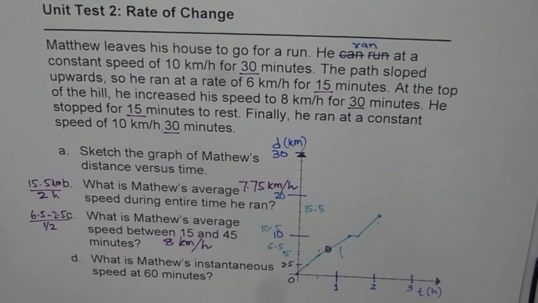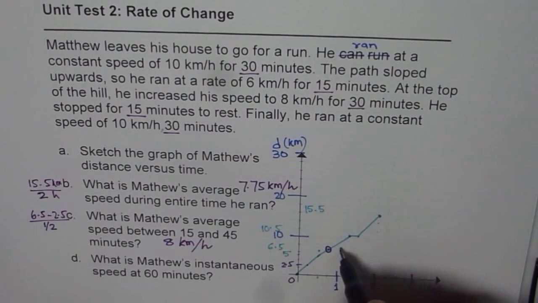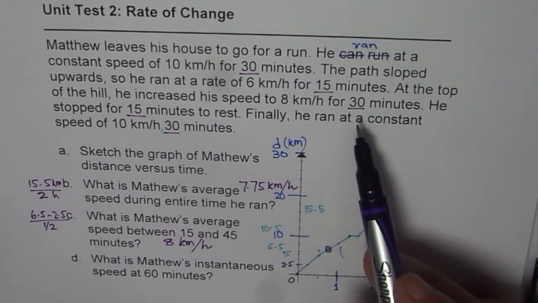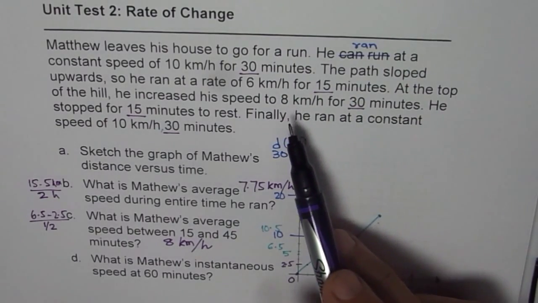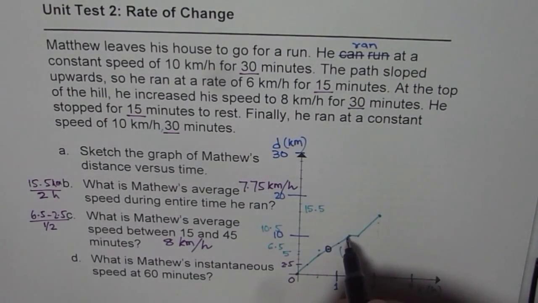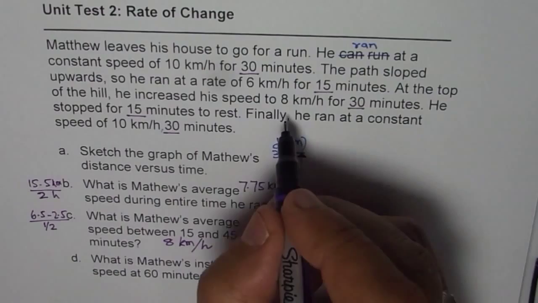Okay. Now next part is, what is Matthew's instantaneous speed at 60 minutes? 60 minutes means an hour, and you can find that out from here. After an hour, it is 8 kilometers per hour, right? It's already given to us. We don't have to find this slope. We already know this, right?